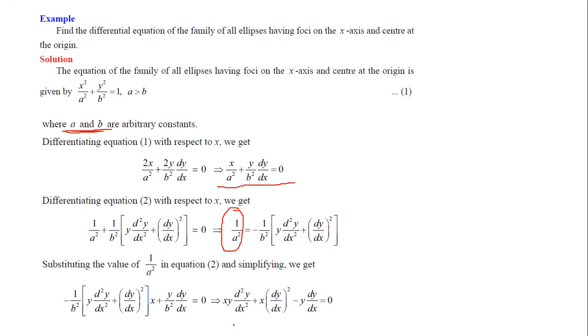Substituting 1 by a square in this equation, we will get, it's a very long process. Actually, we have to substitute and then reduce. Then only we will get this equation.